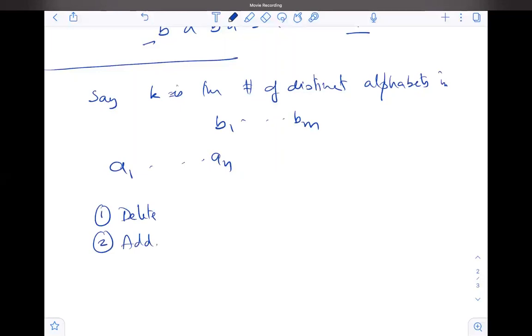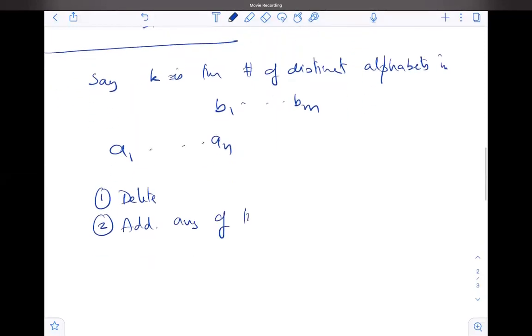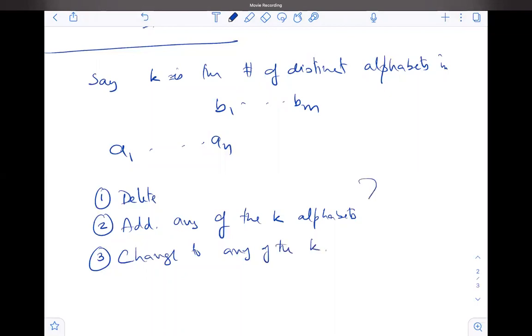I can add any of the k alphabets, or I can change to any of the k alphabets. So total possible things are something like 2k plus 1, right?